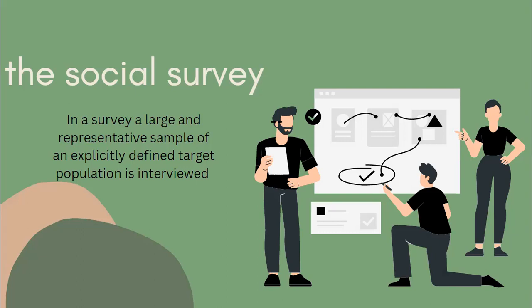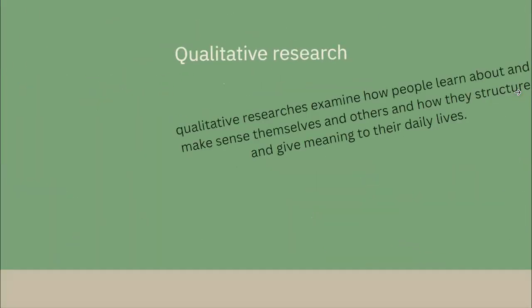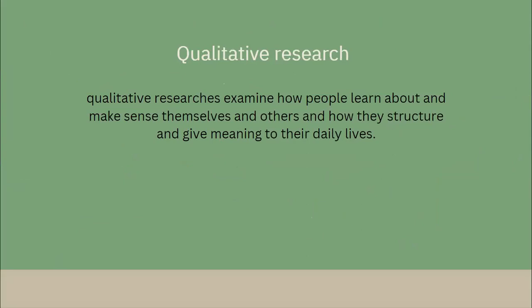Also, standardized questions are asked and the responses are coded. The surveys are applied when the researchers are interested in collecting information about observations, attitudes, feelings, experiences, and opinions about the population being studied.